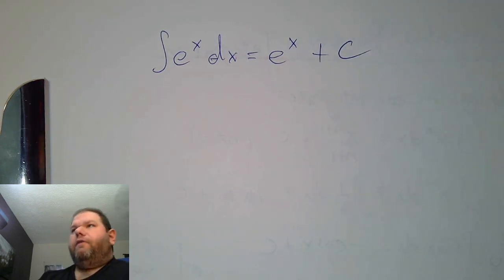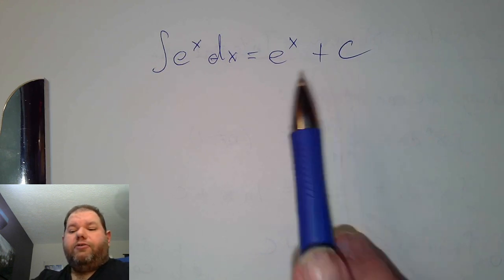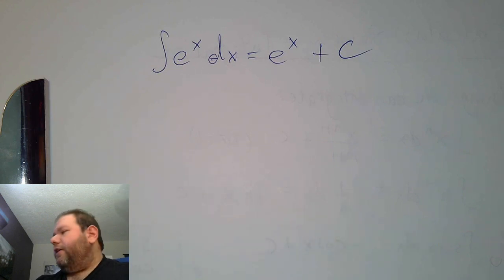Yeah, it's the only function. Well, actually, technically, there's another one. It's the only non-trivial function where it's its own derivative and its own integral to an extent. We want to be careful about saying it's its own integral because we can't forget the constant of integration. But e to the x is the derivative of e to the x.